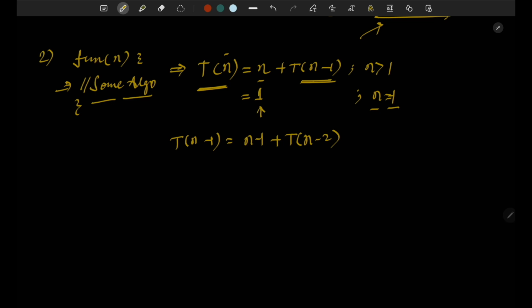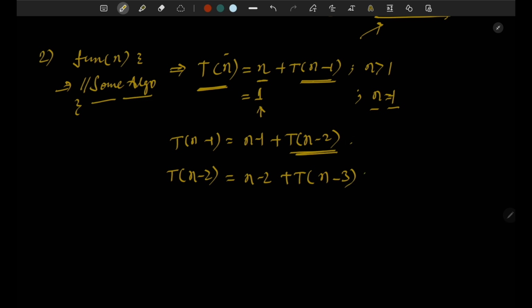Now we need to find the value of T of n minus 2, so we place n minus 2 in place of n here. That would be n minus 2 plus, and placing n as n minus 2 here, that would be T of n minus 3.